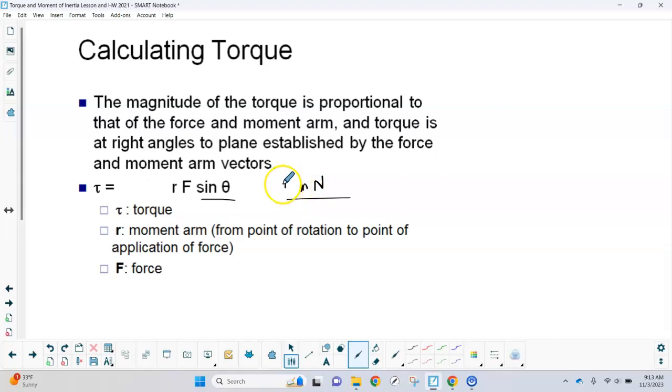Torque can be positive or negative. The way that we establish positive and negative rotation, I think I might have skipped over this, so I'll come back to it. If you're labeling your axes with degrees, this would be 0 degrees, 90 degrees, 180, 270, and eventually we get back to 360.